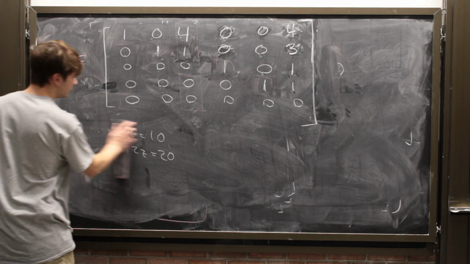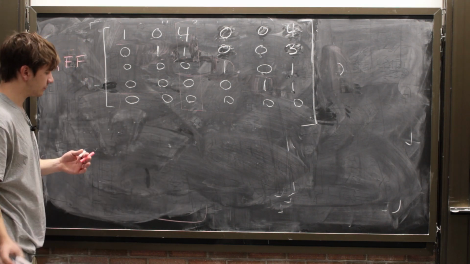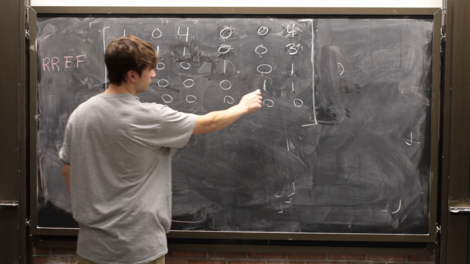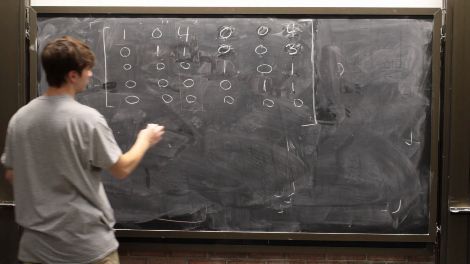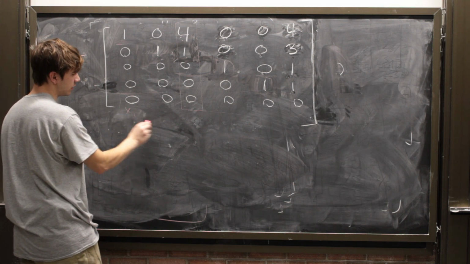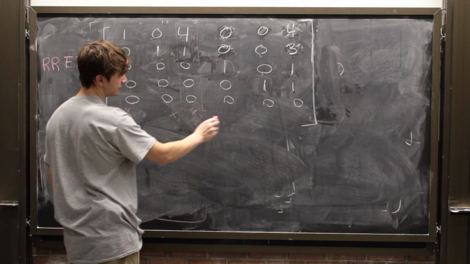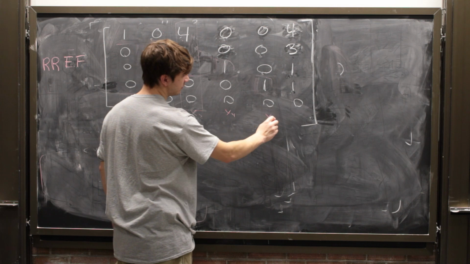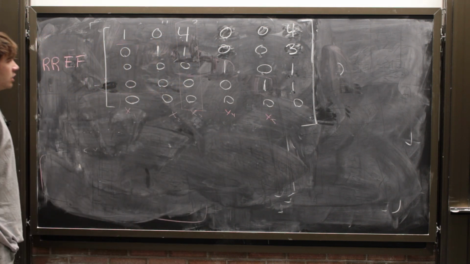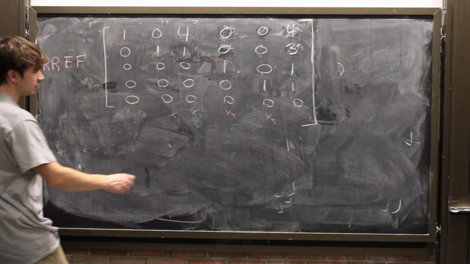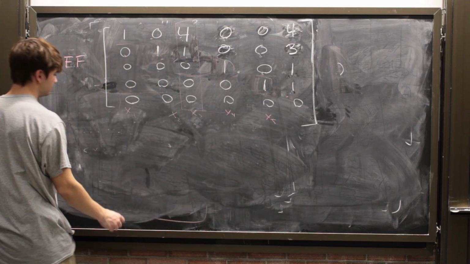Okay? All right, so let's write this in equation form. Starting with the bottom row, remember my variables, I have x1, x2, x3, x4, and x5. So this bottom row tells me x5 is equal to 1.